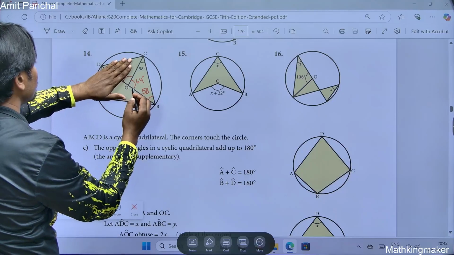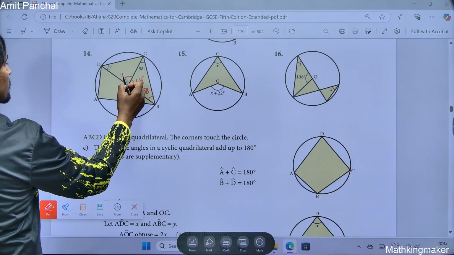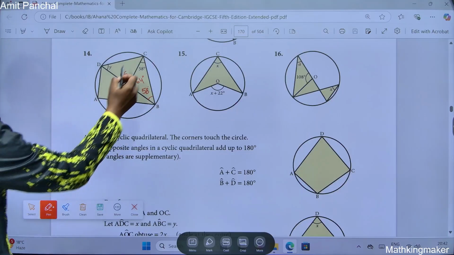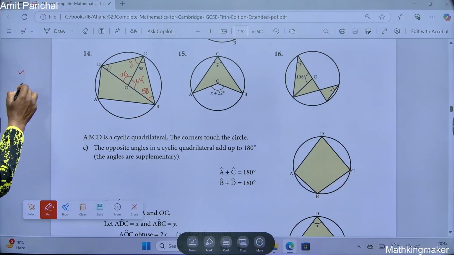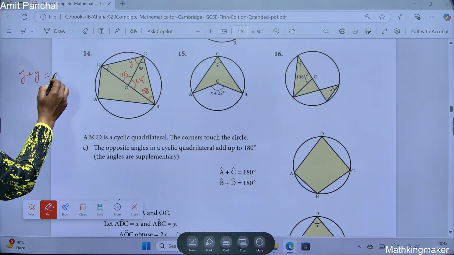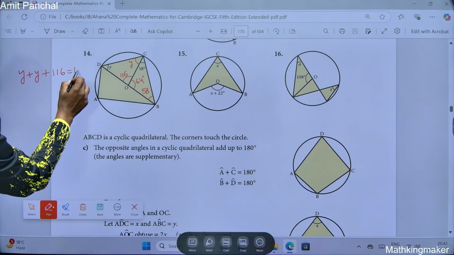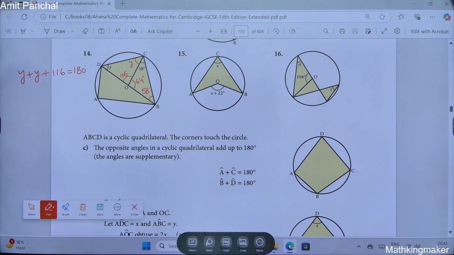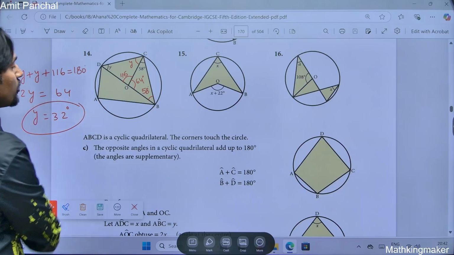So that will also be Y. Y plus Y plus 116 is 180. So 2Y is 64. So Y will be 32. You can do it in either way.